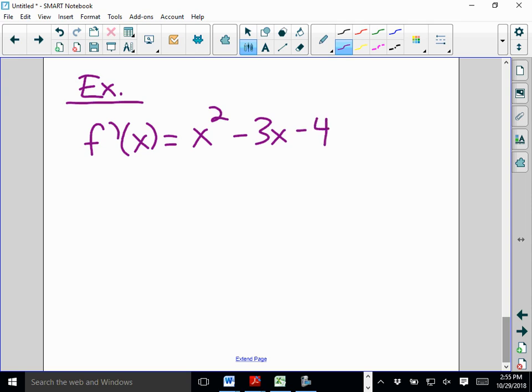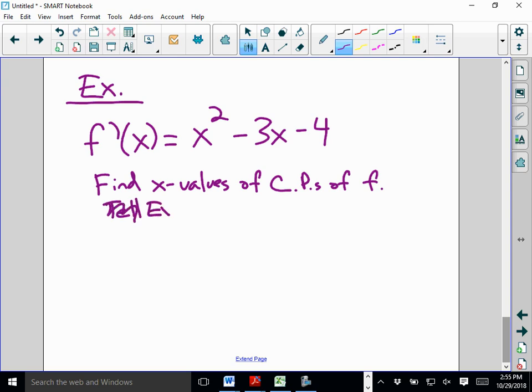I want you to find the x values of critical points of f, and then I want you to tell me whether they are, or explain if they are, local maxes, local mins, or neither.